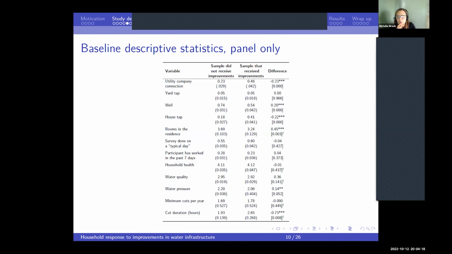So people within the treatment area are more likely to already be utility company customers. They're less likely to be using a private well. They're more likely to have house tap infrastructure, etc. So the differences are not so important as what we do to address them and make our treatment and control groups comparable.